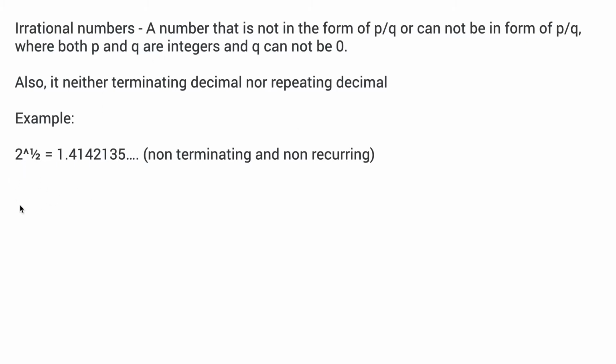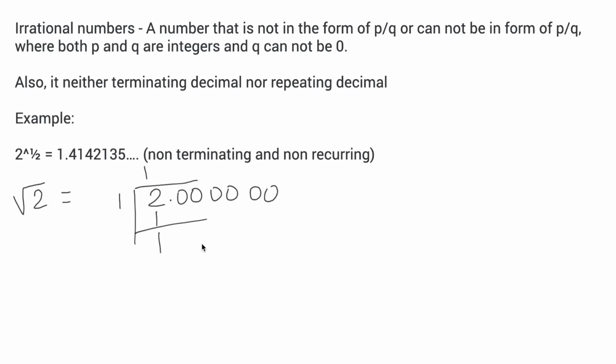You can write it like under root 2. Now let's solve under root 2. I hope you know how to solve root values. 1, 1, 1. You get a remainder 1. I can also write in pairs like this, 0, 0. You copy this 0, 0.